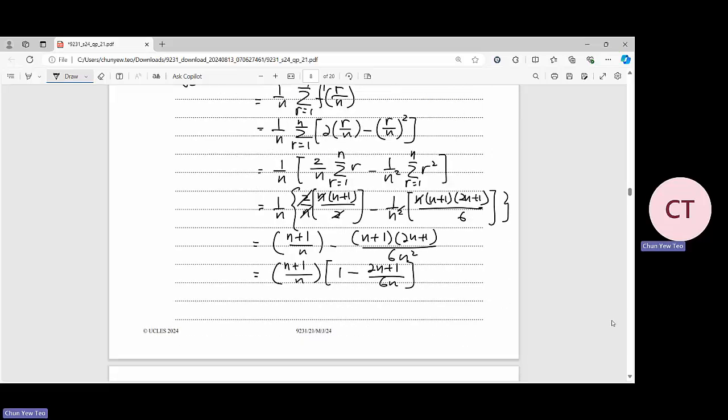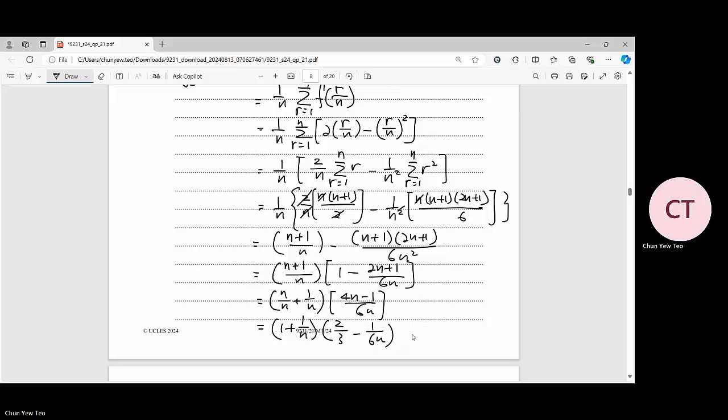And if you join them together, I split this to become n over 1 plus 1 over n. This one, if I join it together as one fraction inside, it will be 4n minus 1. Then this is 1 plus 1 over n multiplied by 2 over 3 minus 1 over 6n.